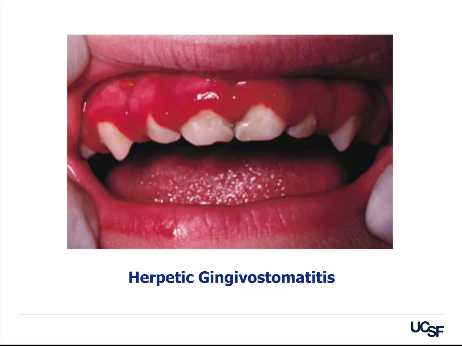Okay, this is an example of herpetic gingivostomatitis. A herpetic lesion is caused by a viral infection. These viruses usually stay in the nerve ganglia and remain dormant when the child is healthy.